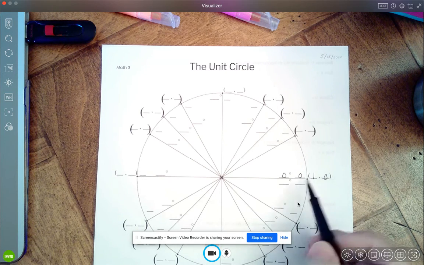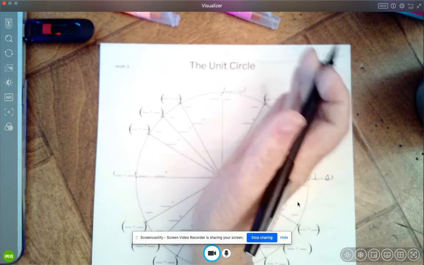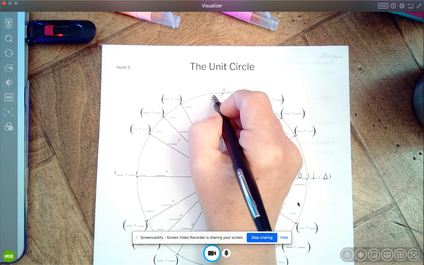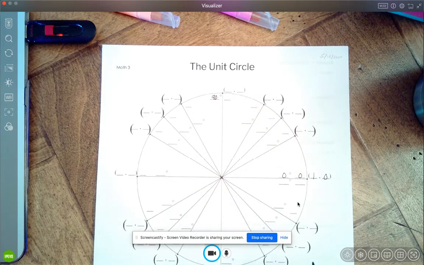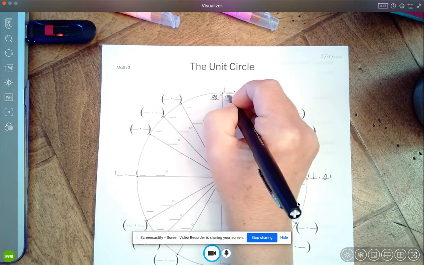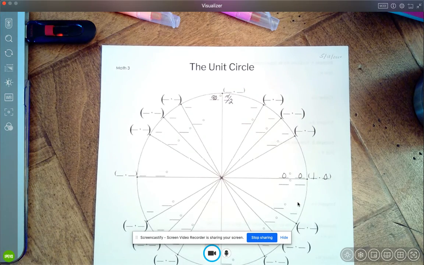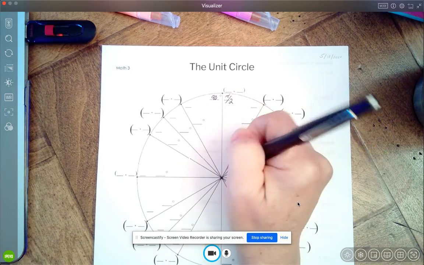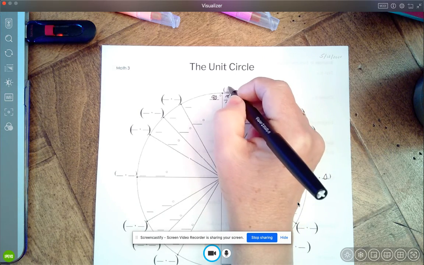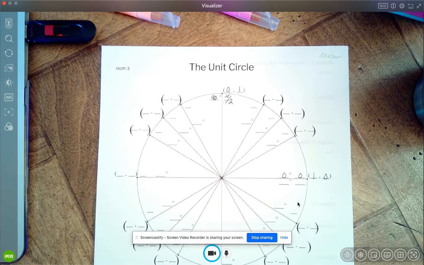Let's look up here. This one is another easy one. If I were to do degrees, this is 90 degrees. If we converted it, we also call this pi over 2 radians. What are my coordinates? I went 0 on the x-axis and up positive 1 on the y-axis.